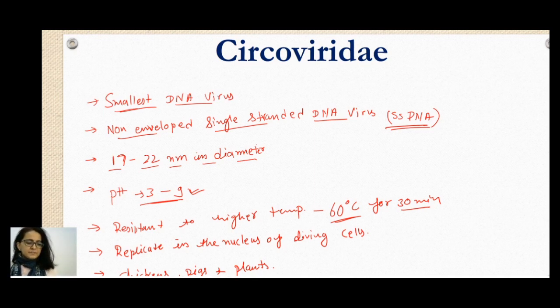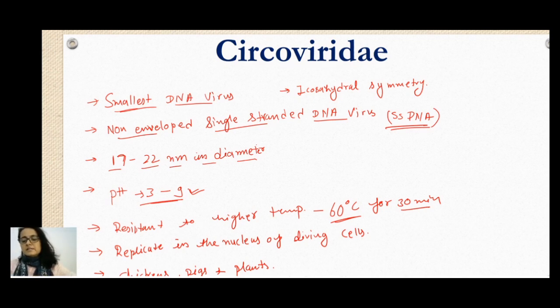So this is the general feature of the Circoviridae family, and one other feature is that they have icosahedral symmetry.